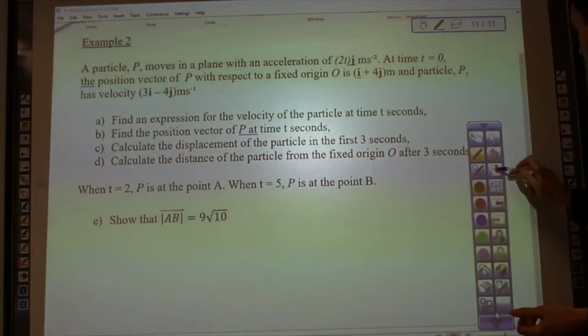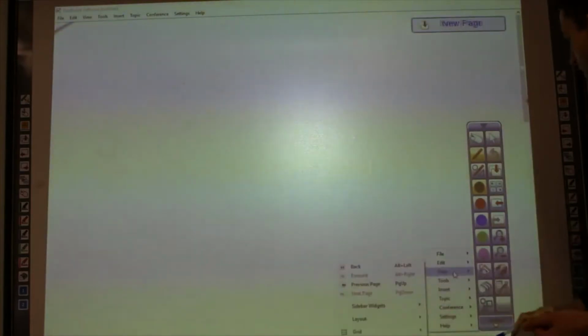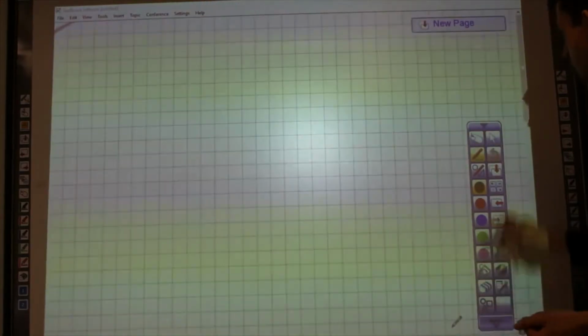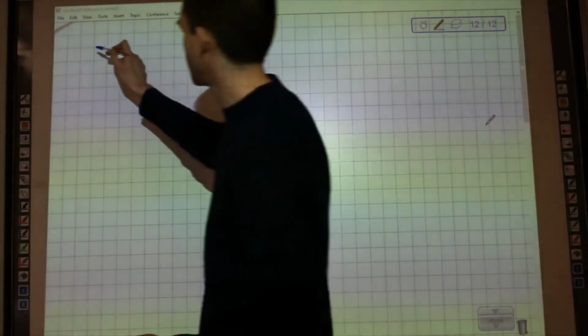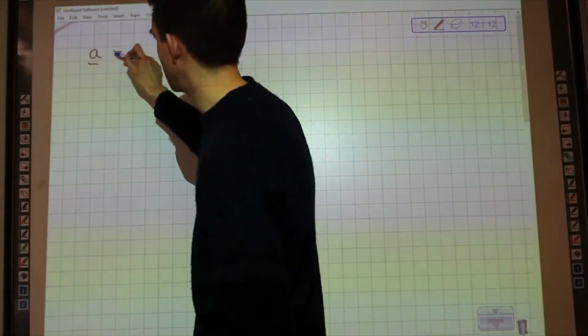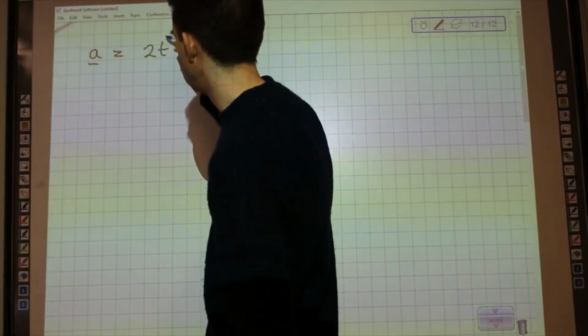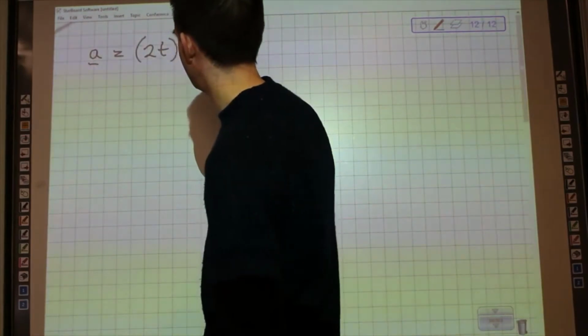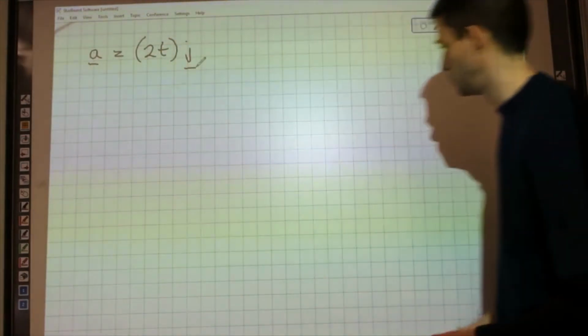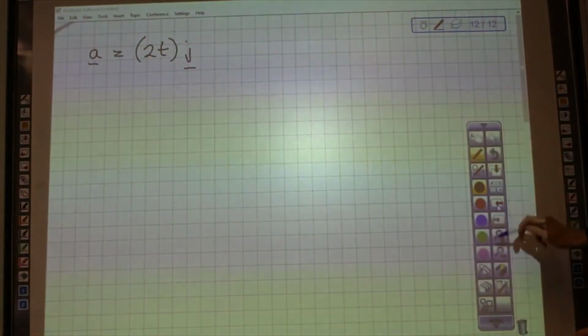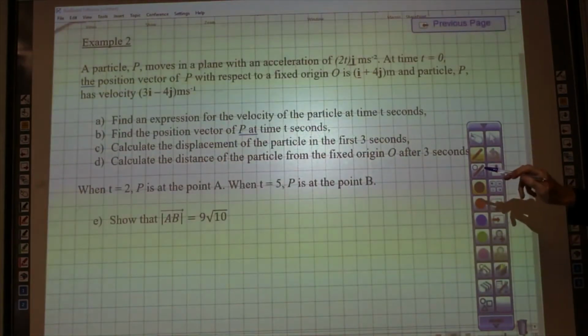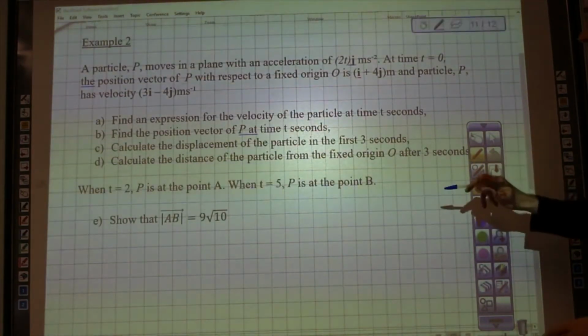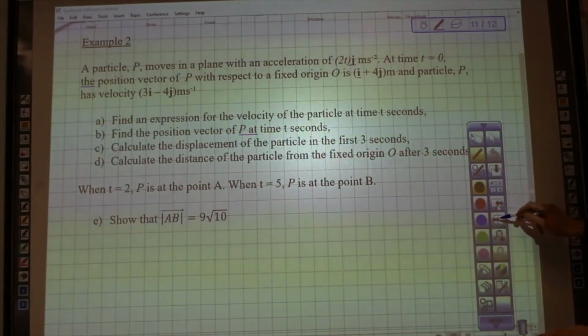I'm just going to jot those things down because I'm going to be using them very shortly. So the acceleration was 2t j, and at time 0 the position is i plus 4j and the velocity is 3i minus 4j.